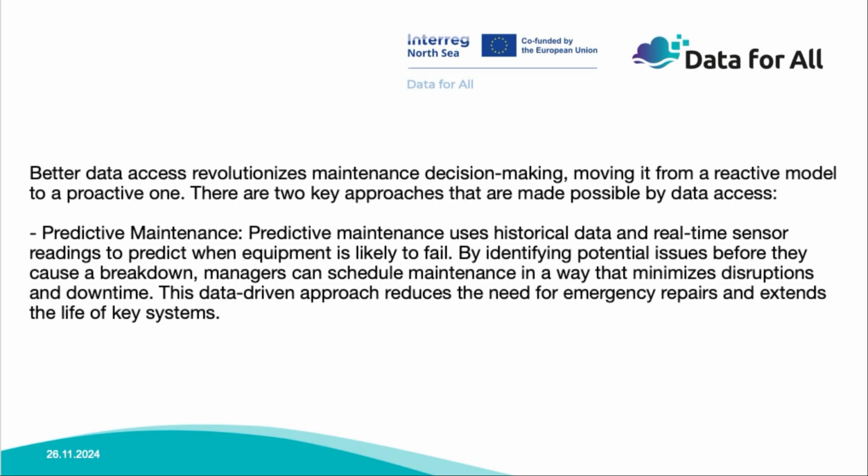By identifying potential issues before there is a breakdown or a failure, we can schedule maintenance and reduce the problems we otherwise have. No more firefighting in terms of fixing things.